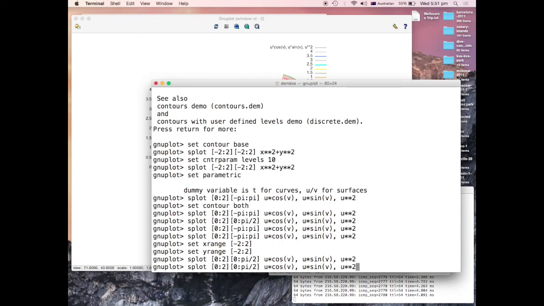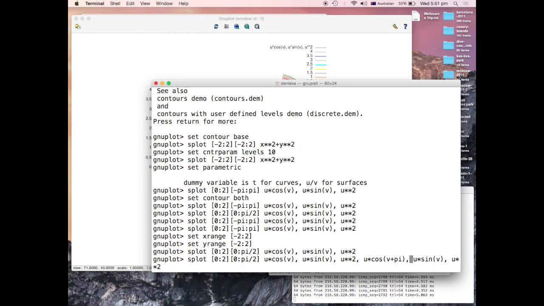Look what I'm going to do now. If I take my parameterization here and duplicate it here, but shifted by half of the revolution, what will be the image now?